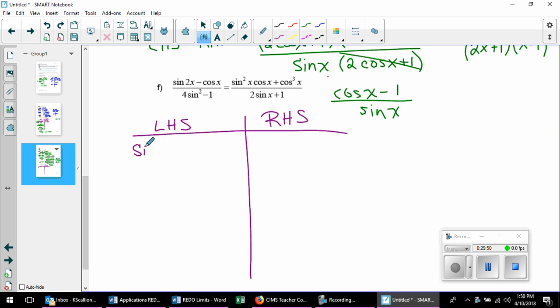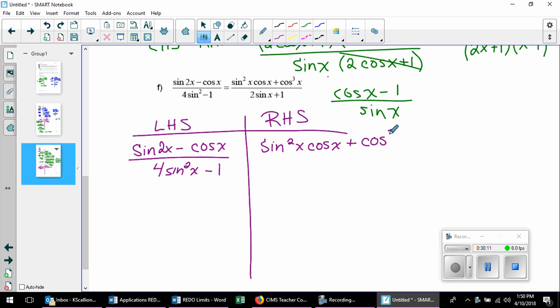So I've got sine 2x minus cos x over 4 sine squared x minus 1. Anybody fearful of that cube? Yeah. Don't be.